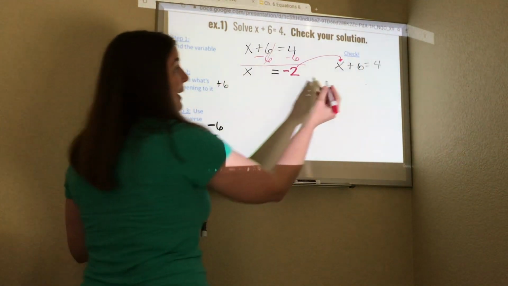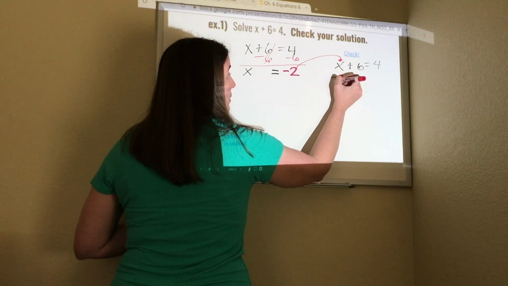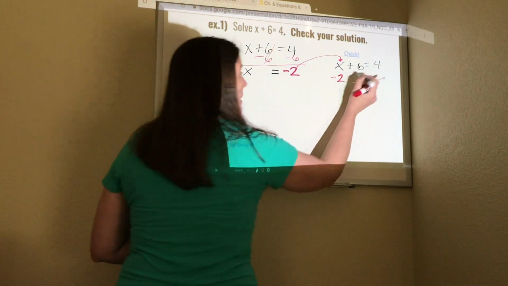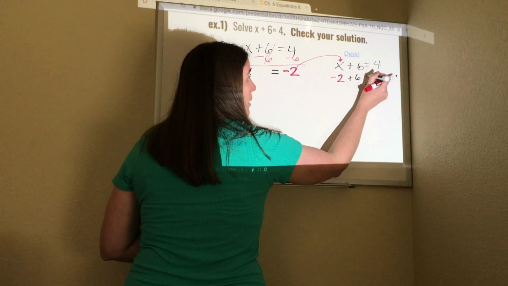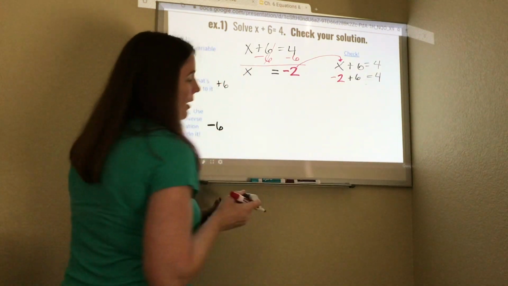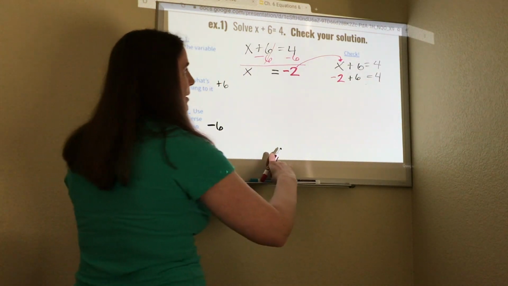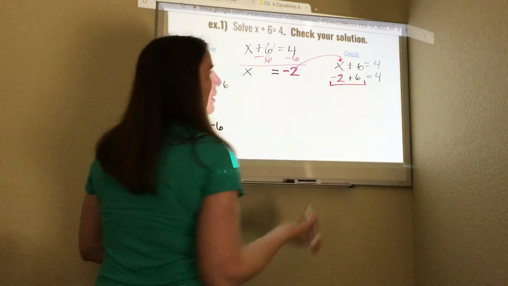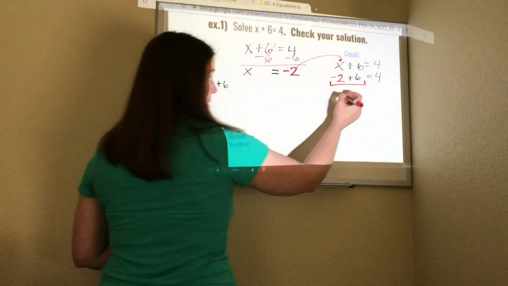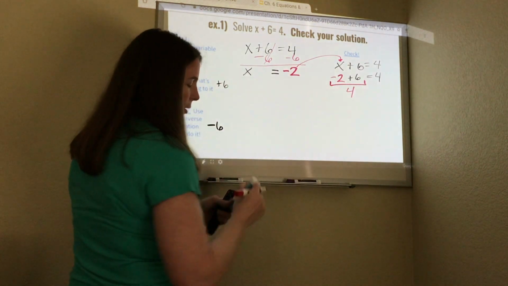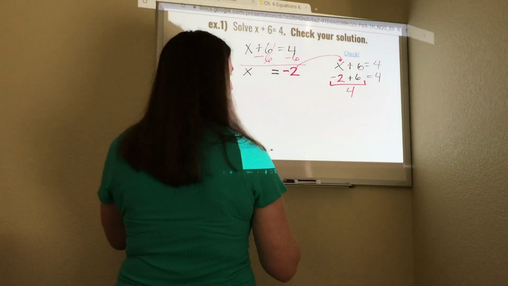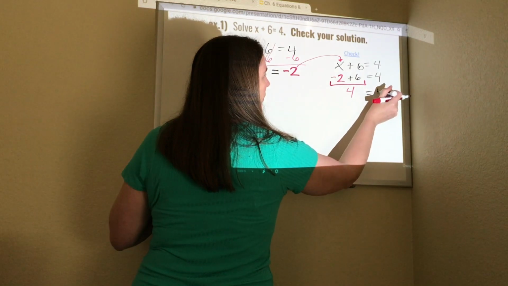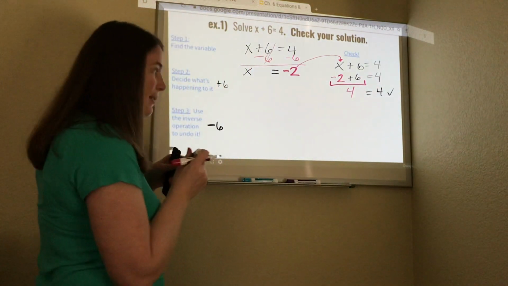Instead of writing x, I write -2, and everything else stays the same: -2 plus 6 equals 4. What is -2 plus 6? That's 4. So I have 4 equals 4, and that checks, because that's true.